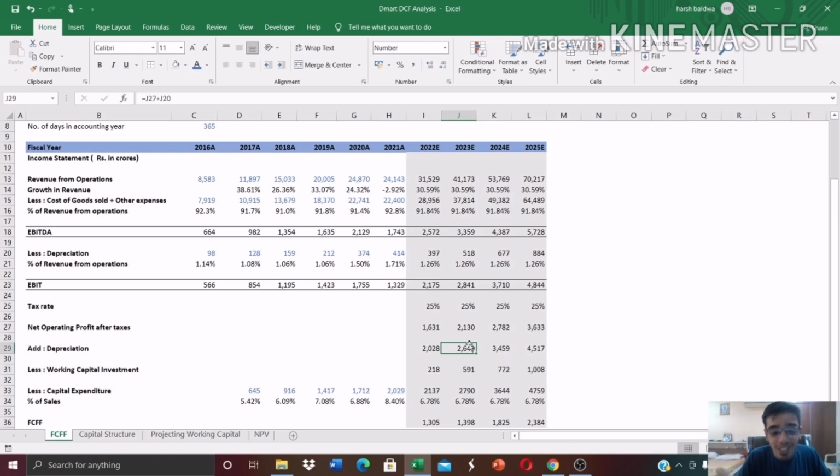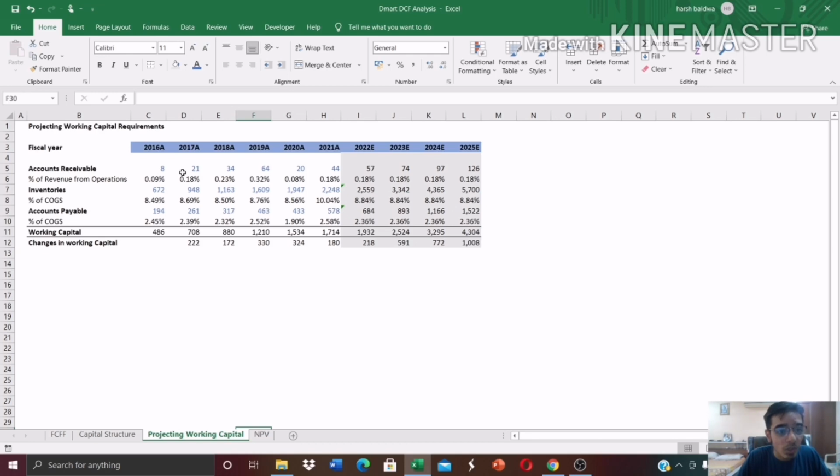Now how do you estimate the working capital? First of all, you have to put in the historical figures for accounts receivable as well as for inventories and accounts payable. Then you have to calculate accounts receivable as a percentage of revenue from operations, because it is related to revenue.